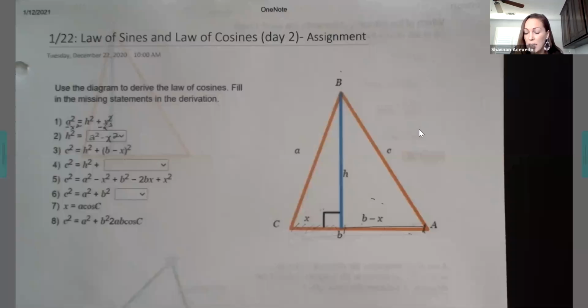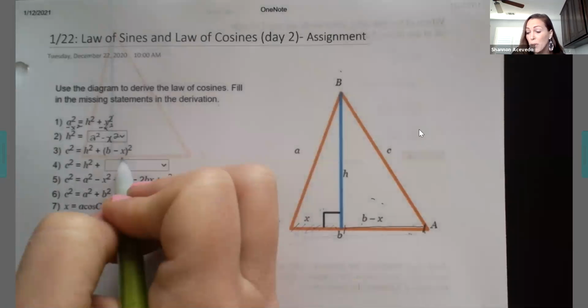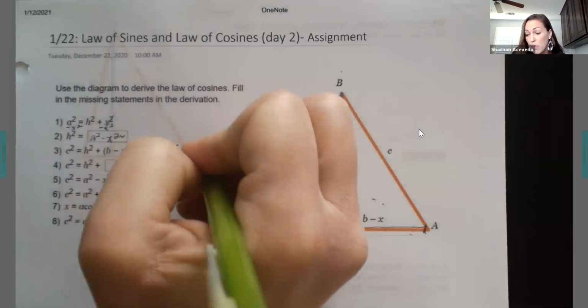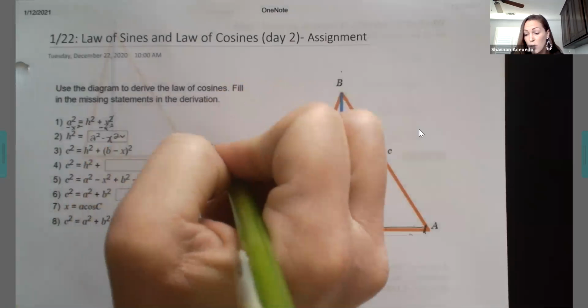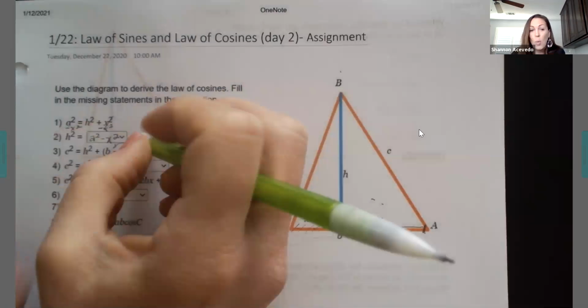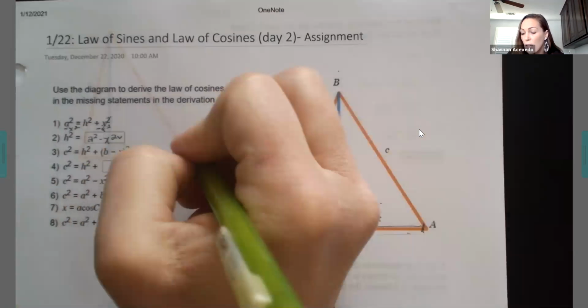So if that's the case, then what they want us to do for this, when we say b minus x, remember that it's quantity squared, it's b minus x times b minus x. We don't just distribute the square to each piece. That's not correct. It's saying that we're taking that quantity and we're squaring it. So I would need to distribute everything through.